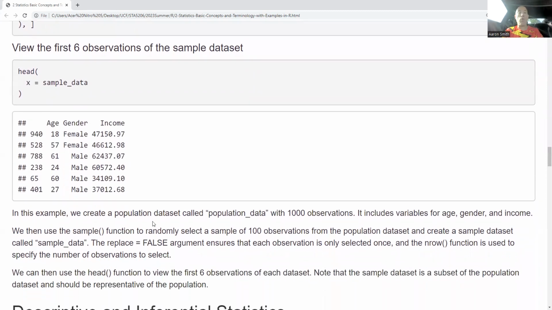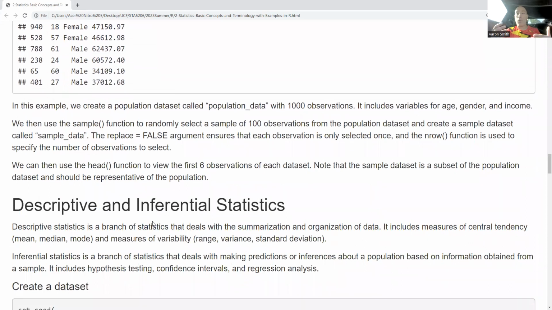So in this example, we created a pseudo data set of a population of 1,000 individuals, and we had age, gender, income. We used the sample function to select a subset of 100 observations. And one thing that is important about this is that replace equals false means that I never have the same observation twice in my sampling.